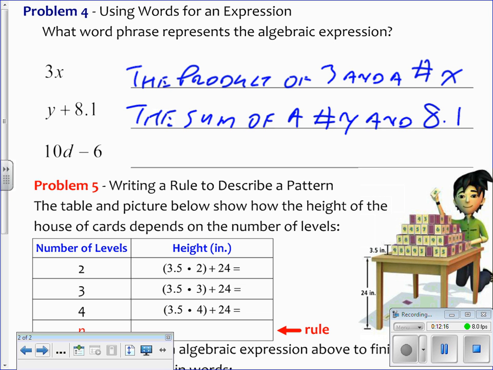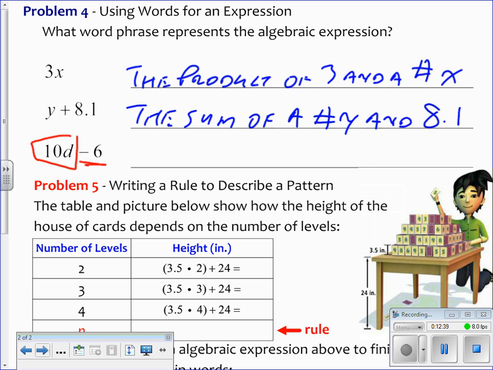The next one, how many things are actually going on in this one? There are 2 things going on here. I have the minus 6, and then I have the 10d. My word phrase has to account for both of them.